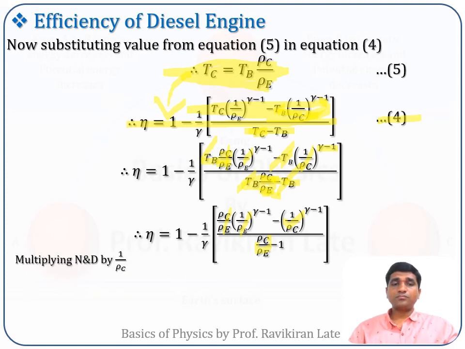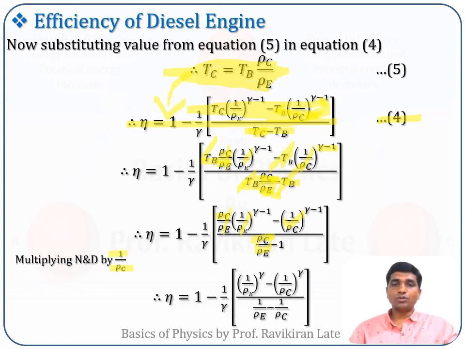Now we multiply numerator and denominator by 1 upon rho c, because in the first term you have a rho c over here, and here also you have a rho c. So this rho c multiplied by 1 upon rho c cancels. In the first term you will get 1 upon rho e into 1 upon rho e to the power gamma minus 1.